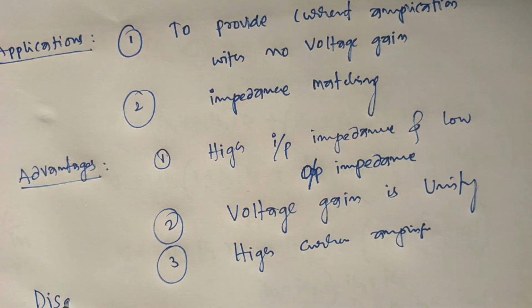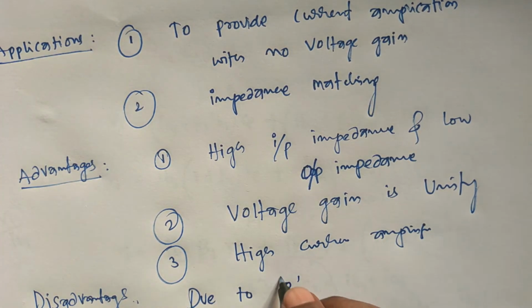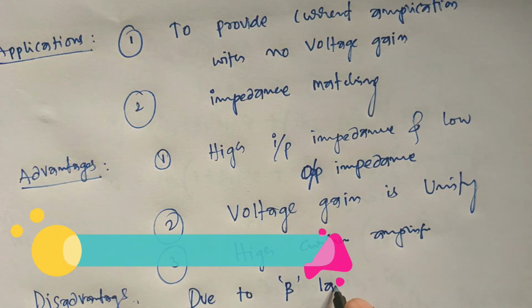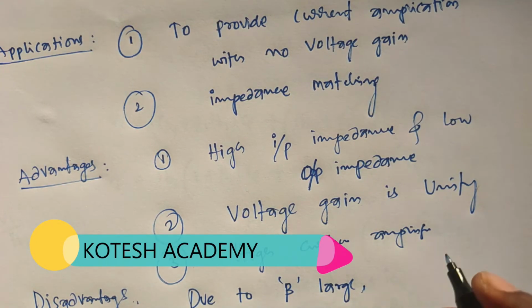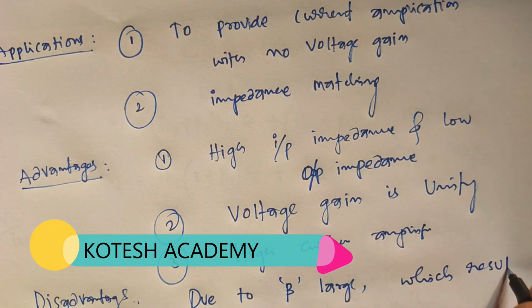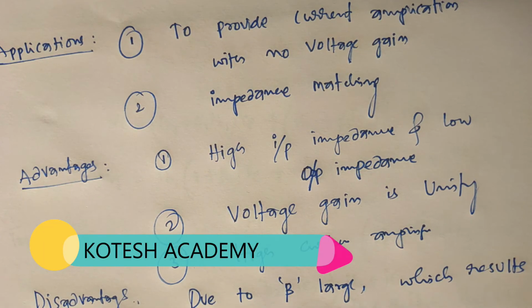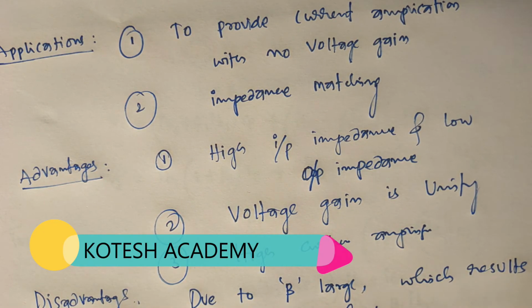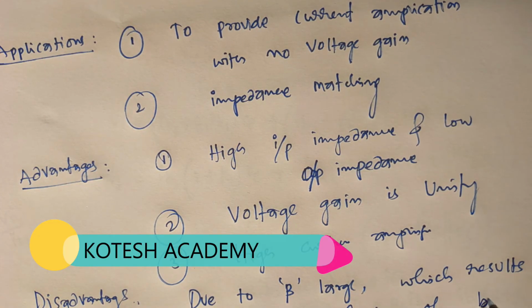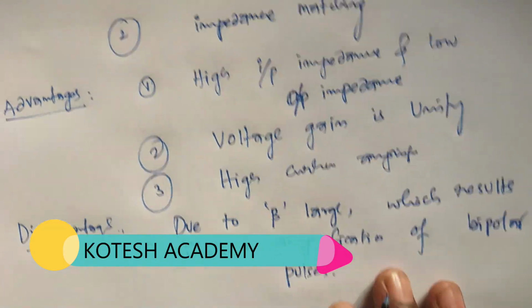And the disadvantage. Due to beta value heavily changed, that is due to beta large value, it is a swing, which results in unequal amplification of bipolar pulses. Okay, thank you.